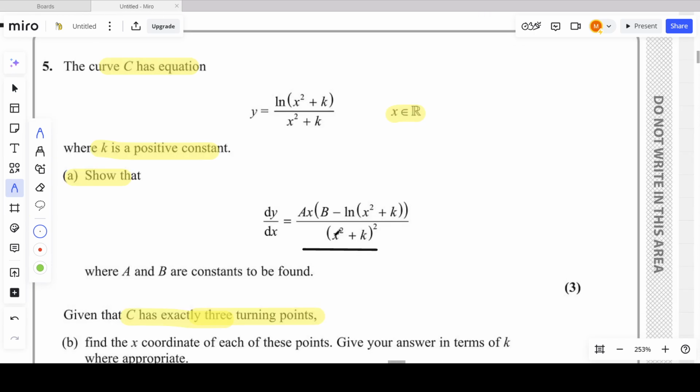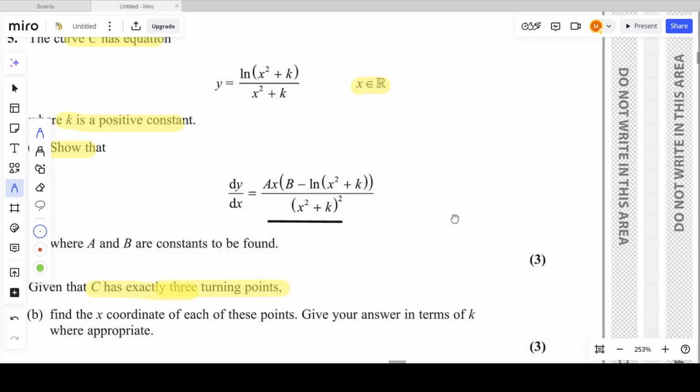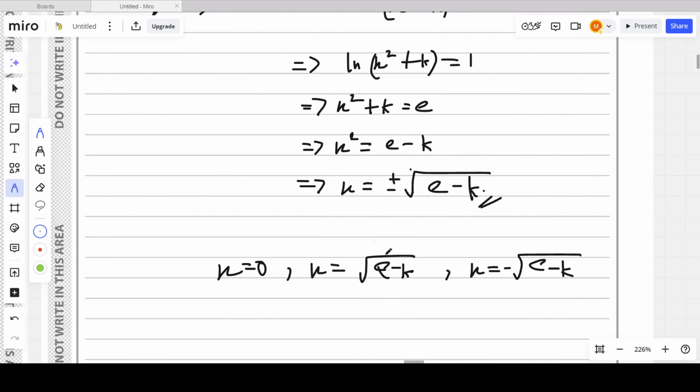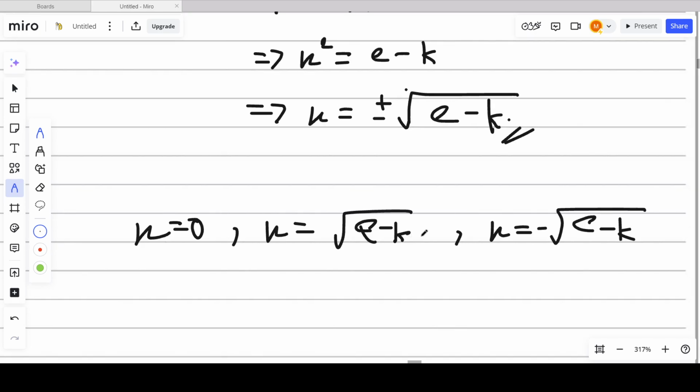The curve C has 3 turning points, and using the concept of equating the derivative to 0, we got 3 values: x equals 0, and x equals plus minus square root of e minus k.